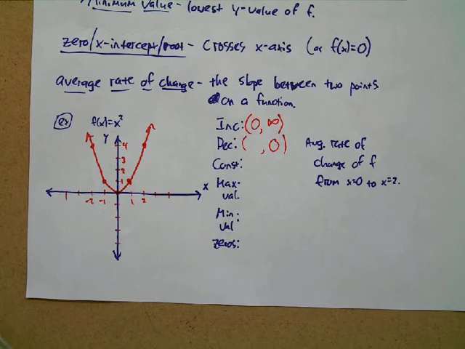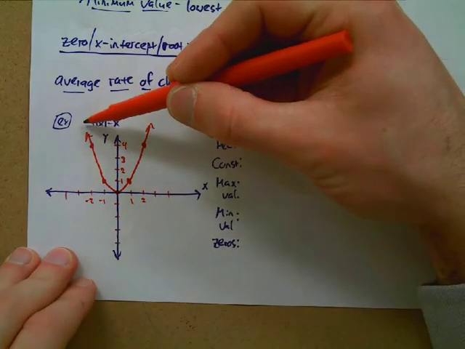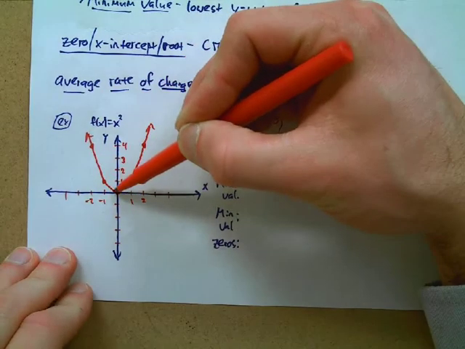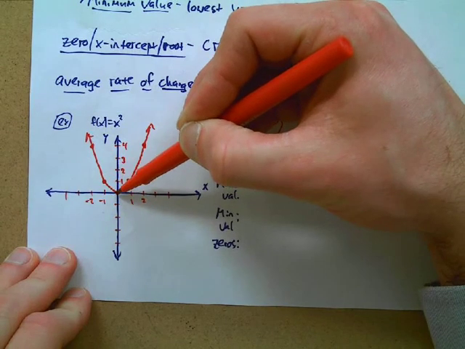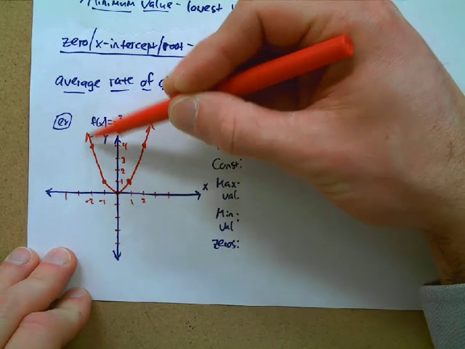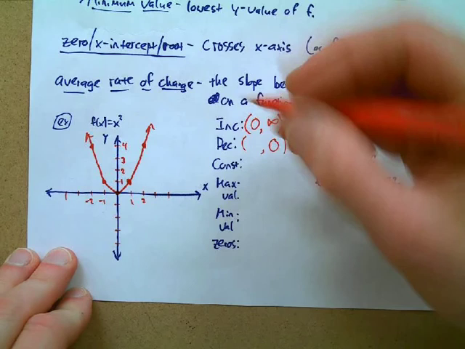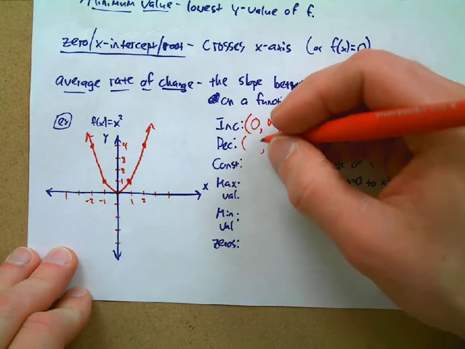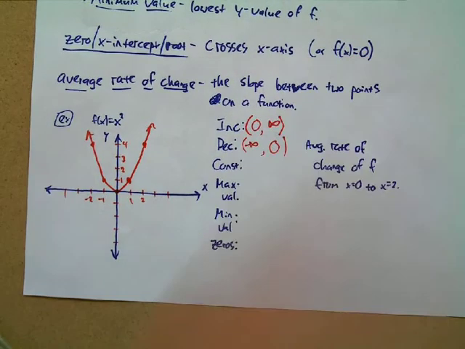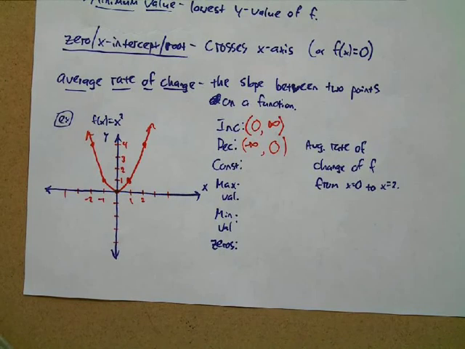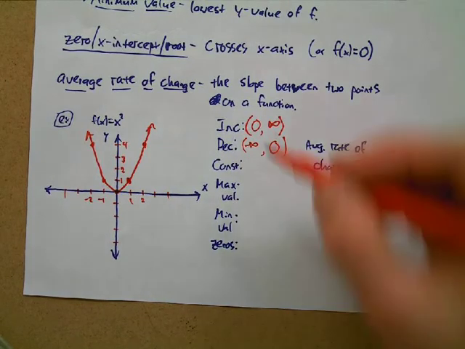What about the left side? Where do we start decreasing? We're going down, down, down, then we hit 0, right? The x value is 0 there. Where did we start decreasing? Negative infinity, yes. From the extreme left, we're going down, down, down to 0. So it's actually decreasing from negative infinity to 0 there.